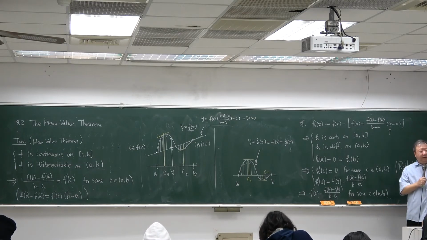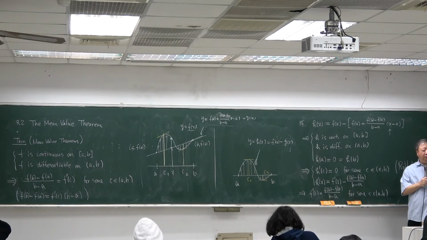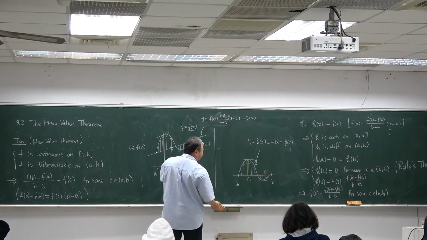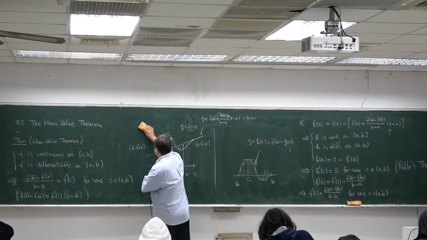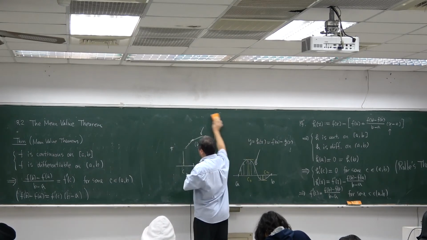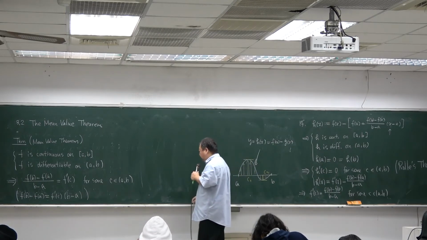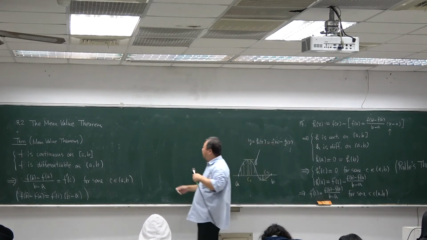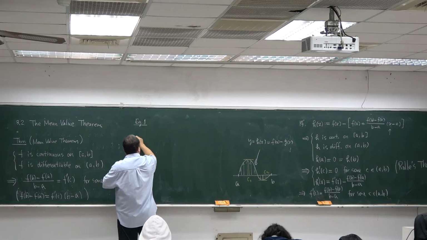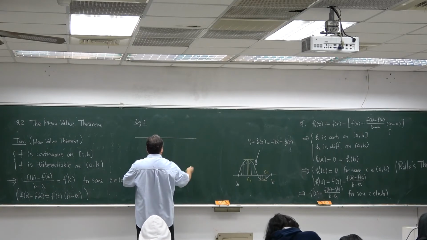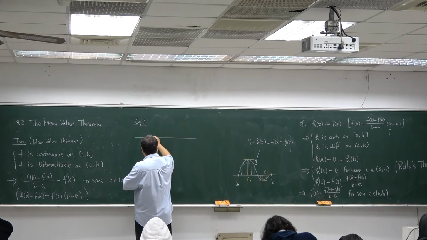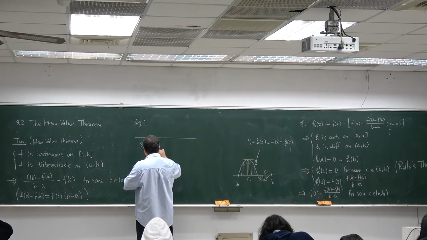Example 1. The physical meaning of Rolle's theorem is that if a particle is moving along a straight line, the position function is s equals f of t, where t is the clock.